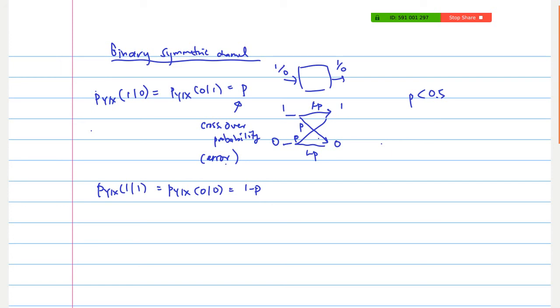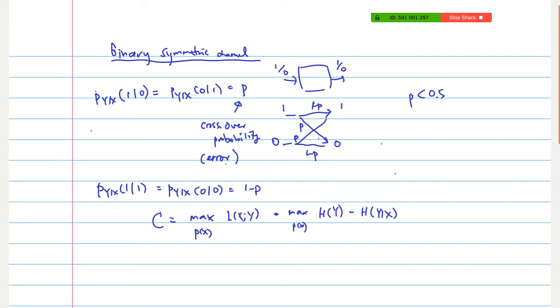And then the capacity, as we described earlier, is equal to the maximum of I(X;Y) over the input distribution p(x). Now I can write this as the maximum of H(Y) minus H(Y given X), over p(x) here.